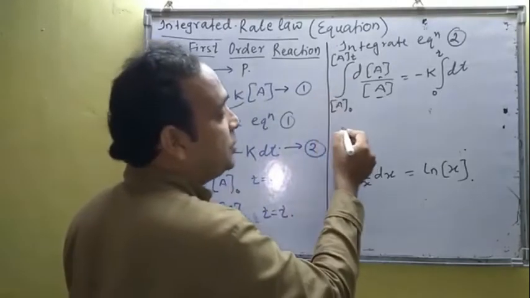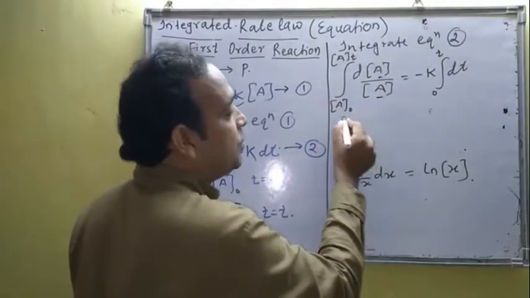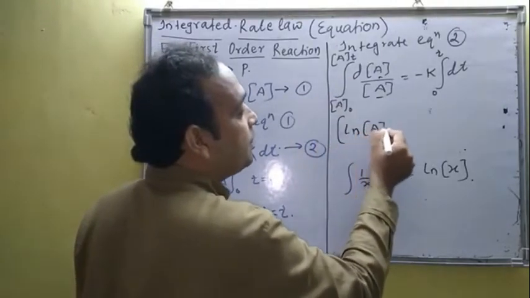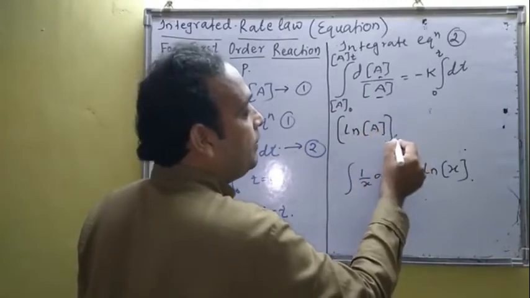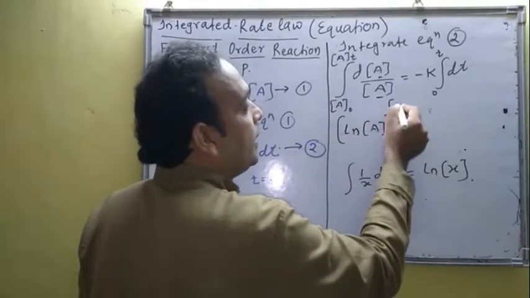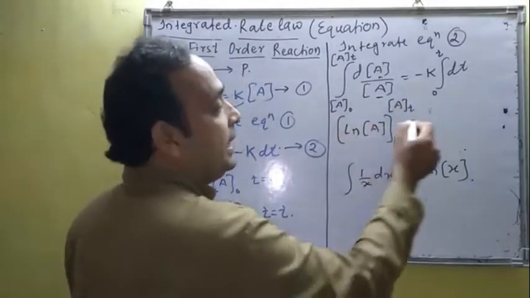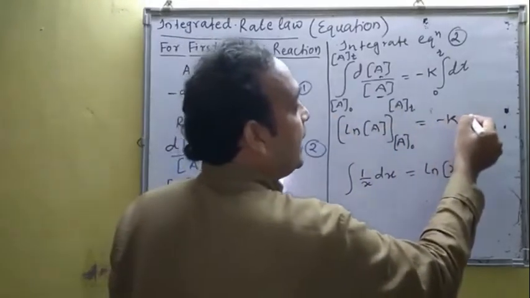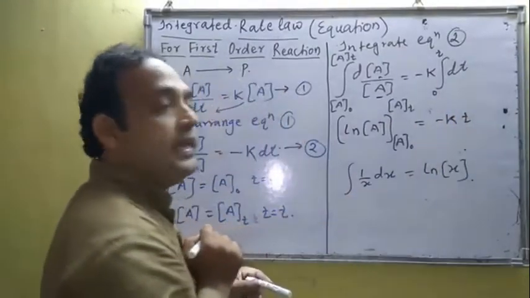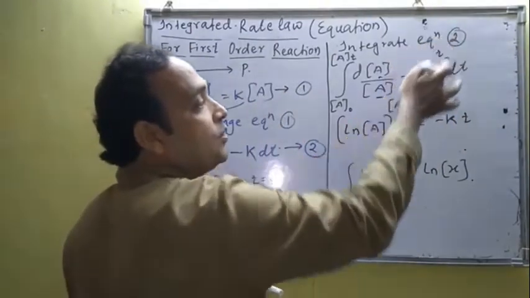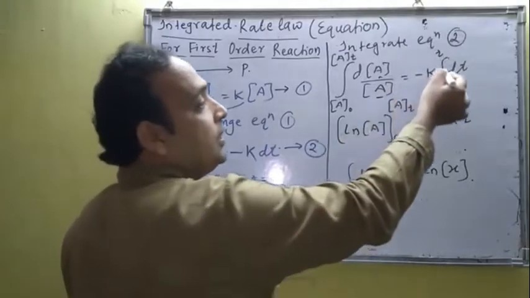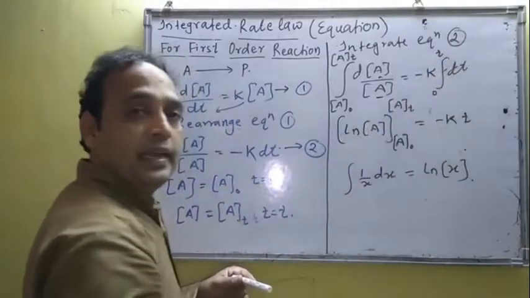So on simplification we can write the natural log of A, upper limit At and lower limit A0, is equal to minus K, and the variable is t, because t from 0 to t, the derivative and integration get cancelled.